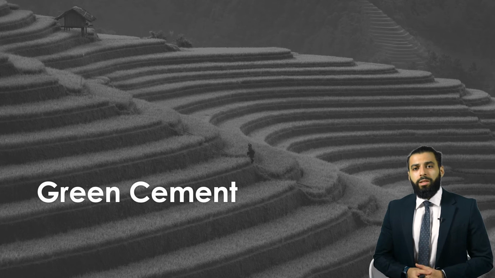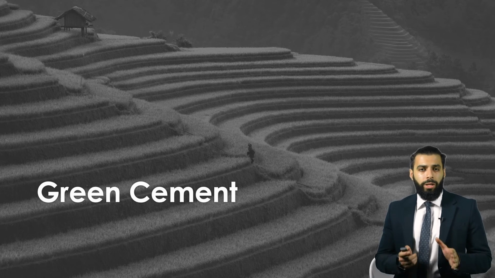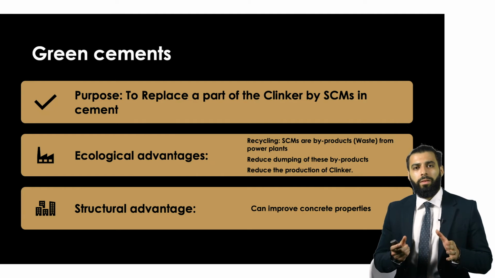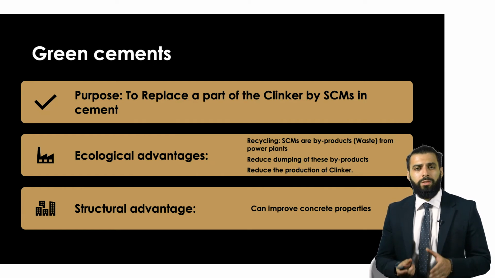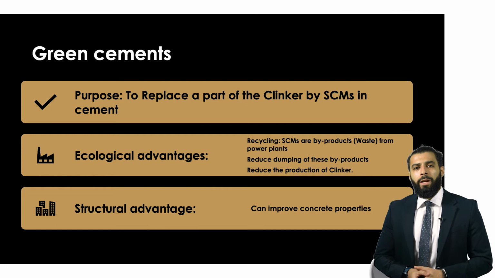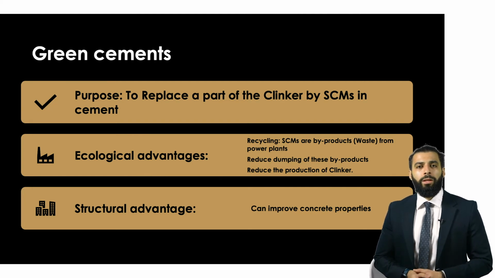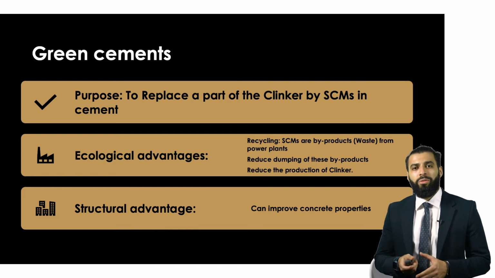Now, green cements. It's a very important topic because, as you guys are aware, the process of producing cement is very energy intensive. So instead of adopting, let's say, 1,000 grams of clinker to produce a particular batch of cement, we replace, let's say, 10% with SCMs.